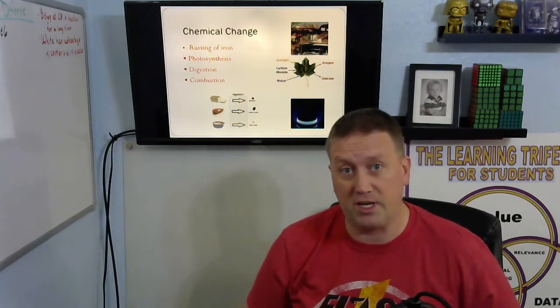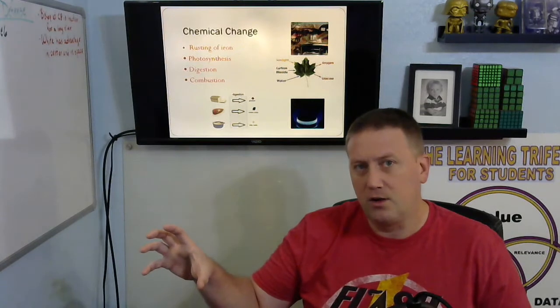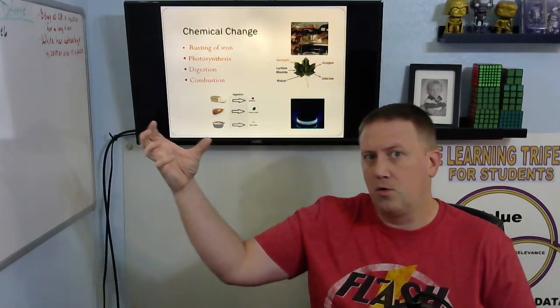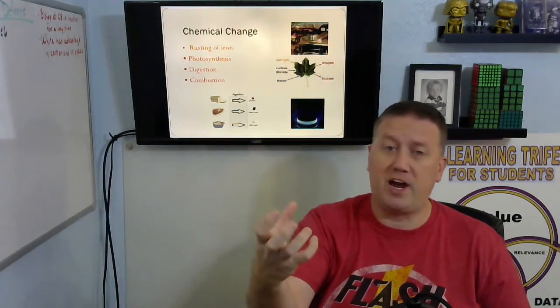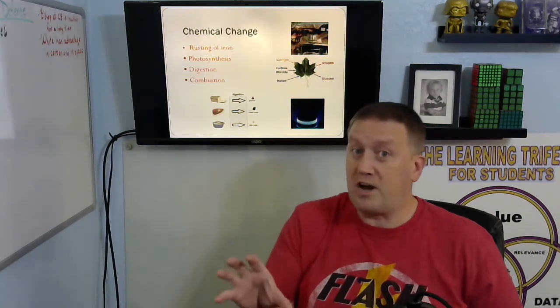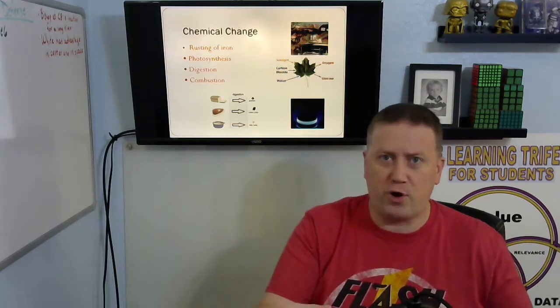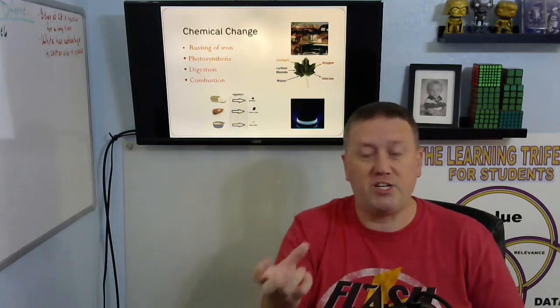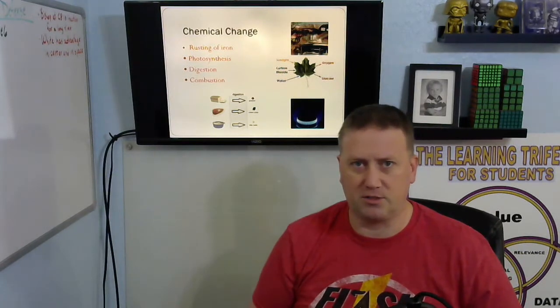Our last example up on the board is combustion. With all of these, we're taking specific substances undergoing chemical reactions to create a new substance. We're not creating matter, because the law of conservation of matter says you cannot create or destroy matter. We're just changing it from one substance into a new substance.